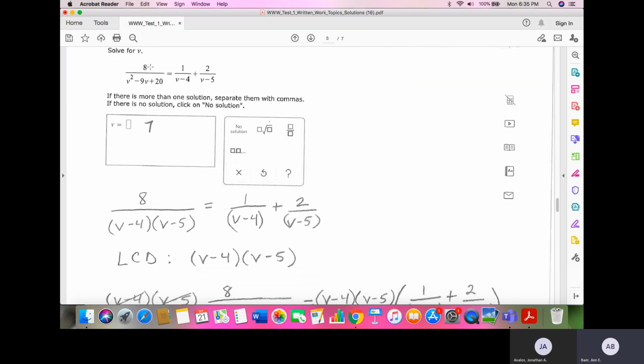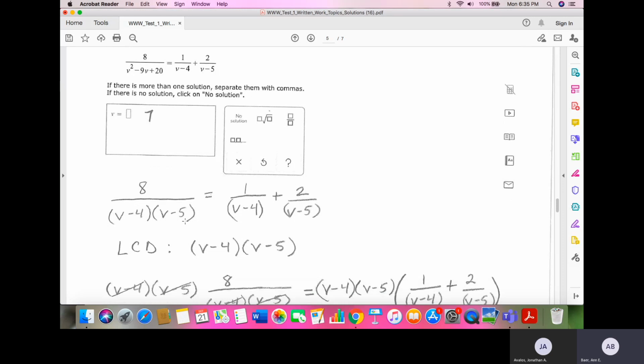So I wrote this as 8 over v minus 4 times v minus 5. I'm going to check by foiling. V squared, check. Outer two, v times negative 5 is negative 5v. Inner two is negative 4v. That is negative 9v when you add them together. And then the last two, negative times negative is a positive, 4 times 5 is 20.